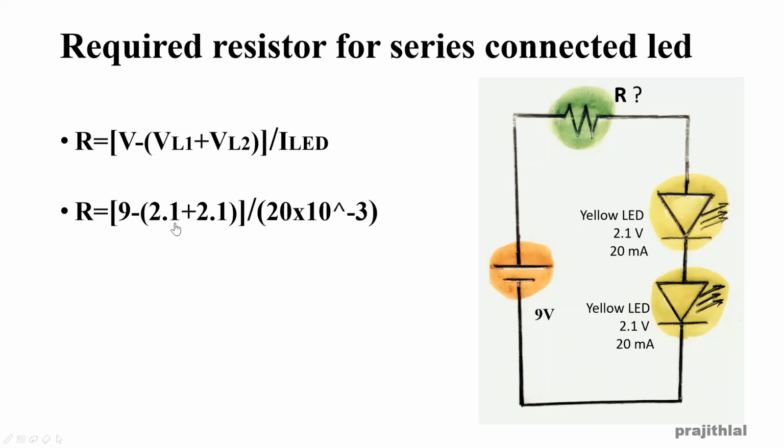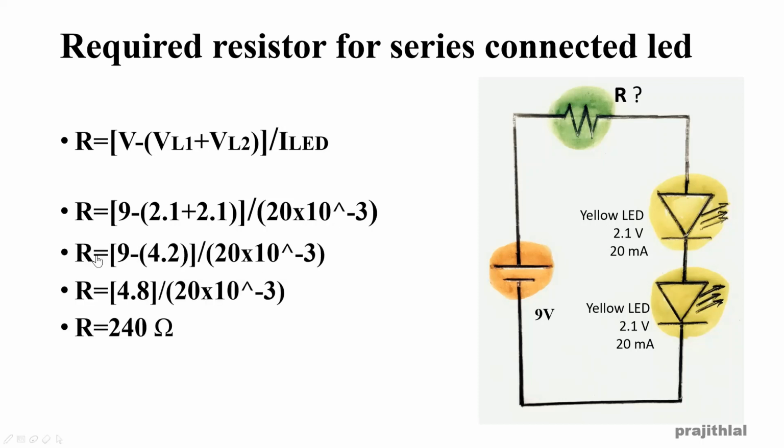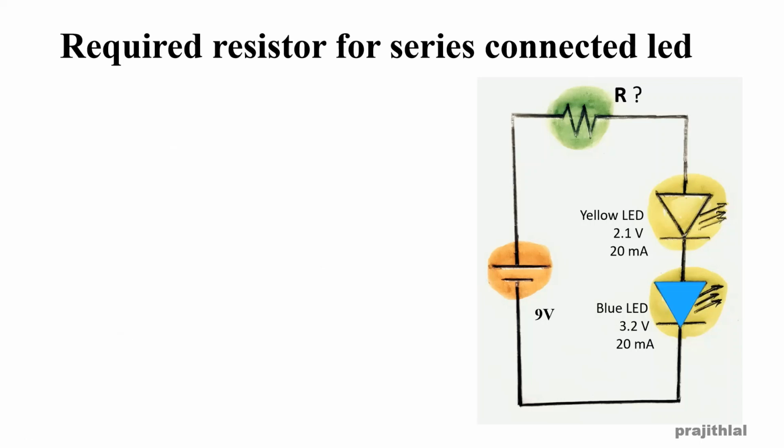So 2.1 plus 2.1. So 9 minus 4.2 divided by 20 milliampere, that is the current, so 20 into 10 raised to minus 3. When calculating that, we will get 240 ohms. So these two yellow LEDs of 20 milliampere need 240 ohm resistance to be connected to a 9 volt source.